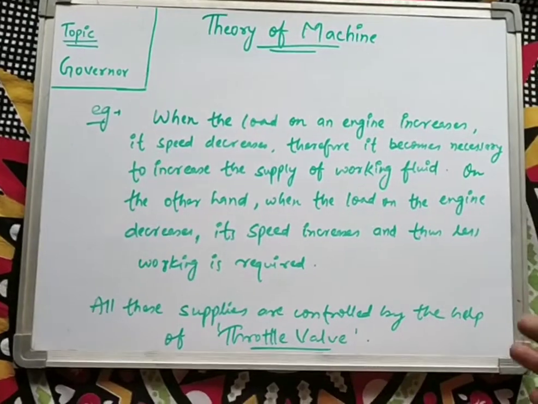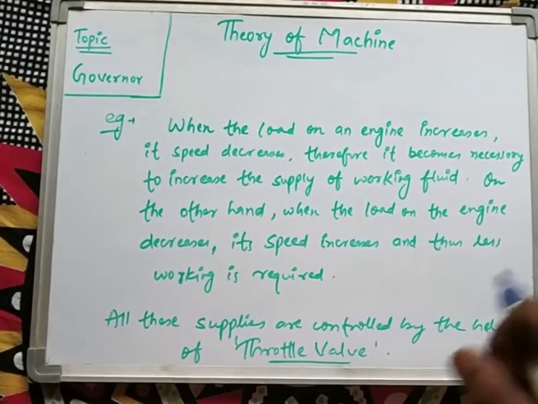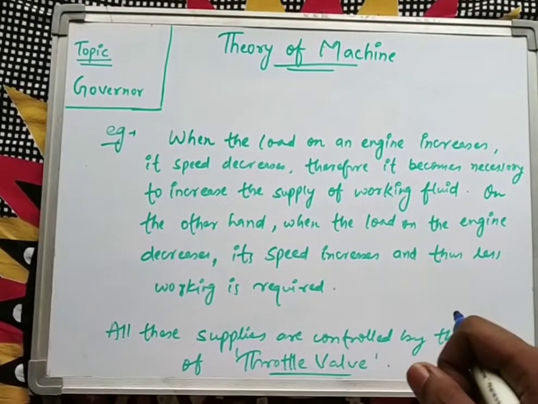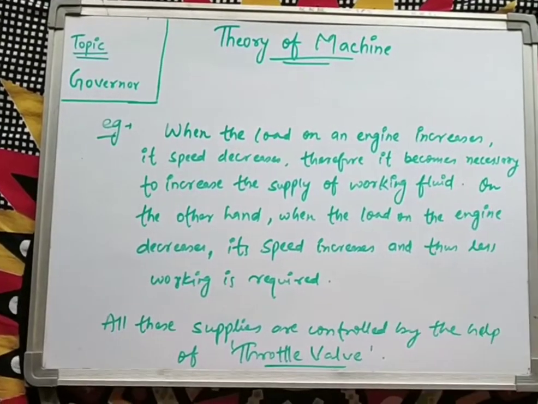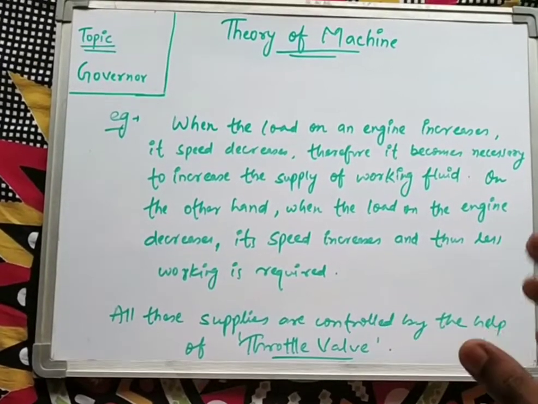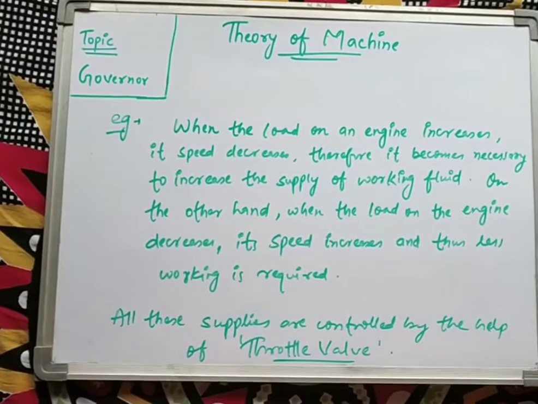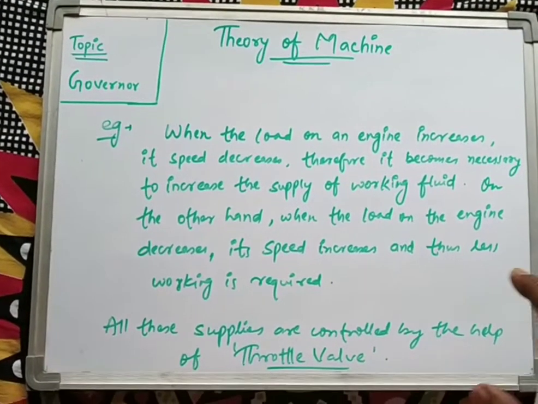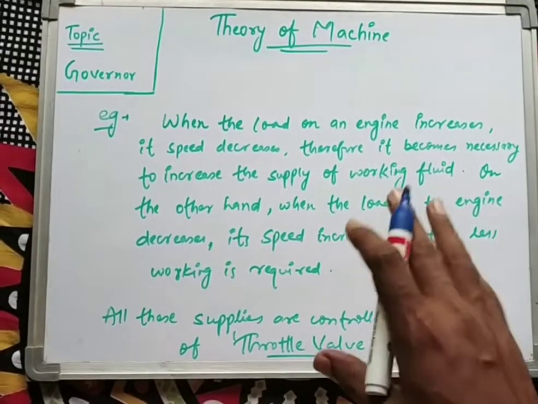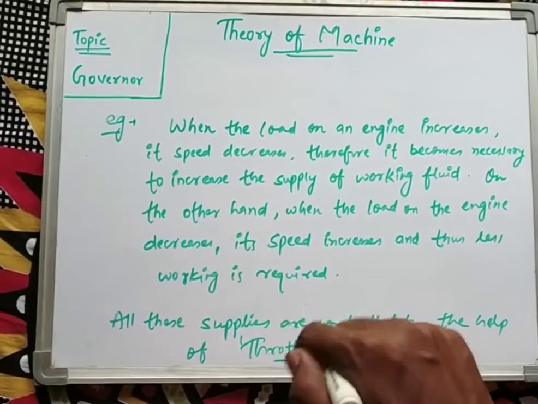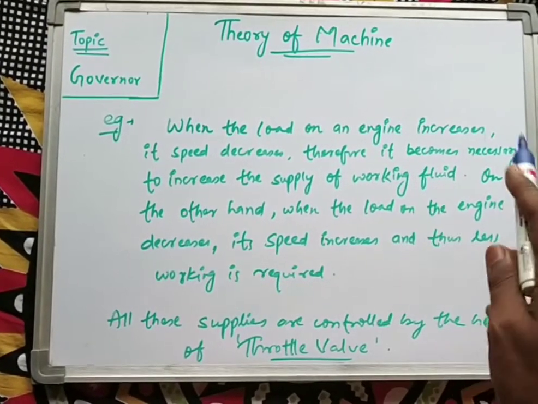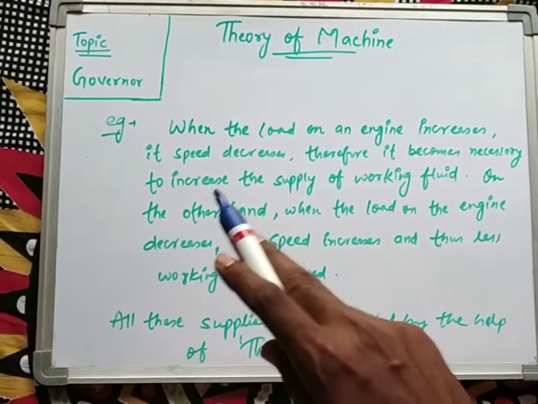That means when we put a load on any object, its speed definitely decreases, and when that load is removed, the speed automatically increases. A similar situation applies to an engine. When the load on an engine increases, its speed decreases.